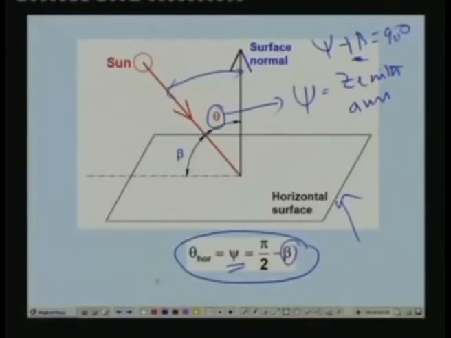How is this information useful? For example, I want to calculate the radiation incident on a flat roof. A flat roof means it is a horizontal surface. So all that I have to do is, on a particular day at a particular time, because it is a function of the time of the day, location of the surface, and the day of the year, find out the altitude angle.